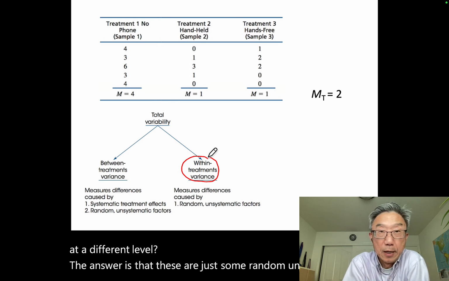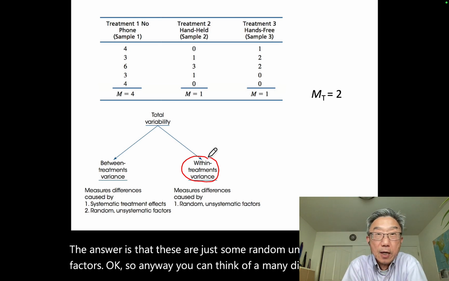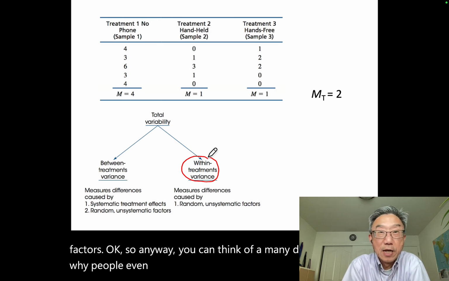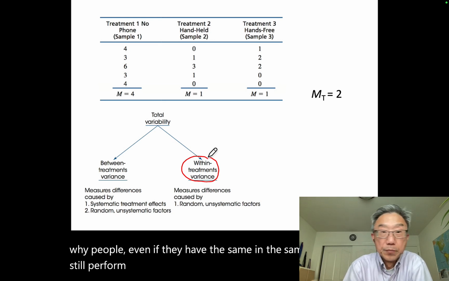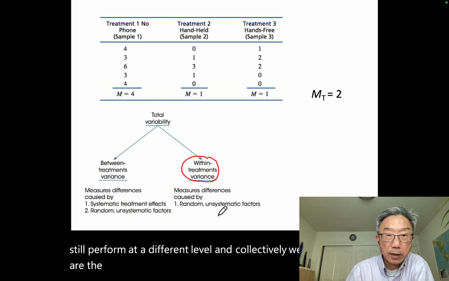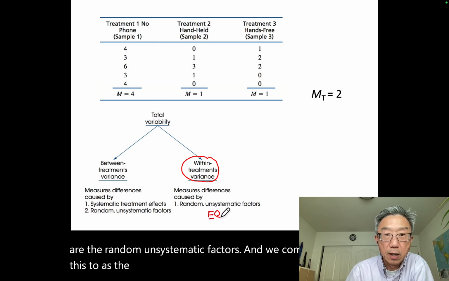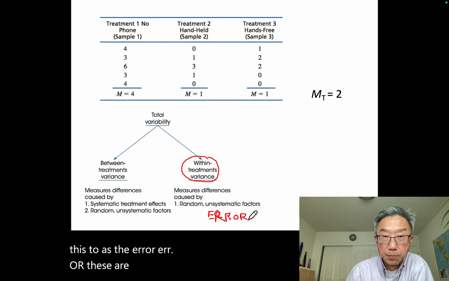You can think of many different reasons why people, even in the same condition, still perform at a different level. Collectively, we just say these are random, unsystematic factors, and we refer to them as the error. These are the error variance.